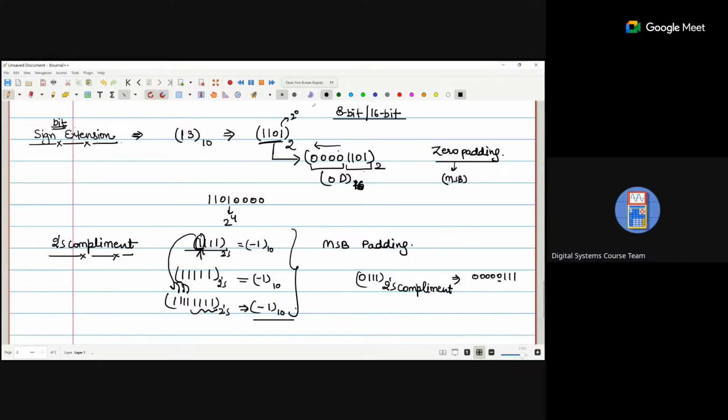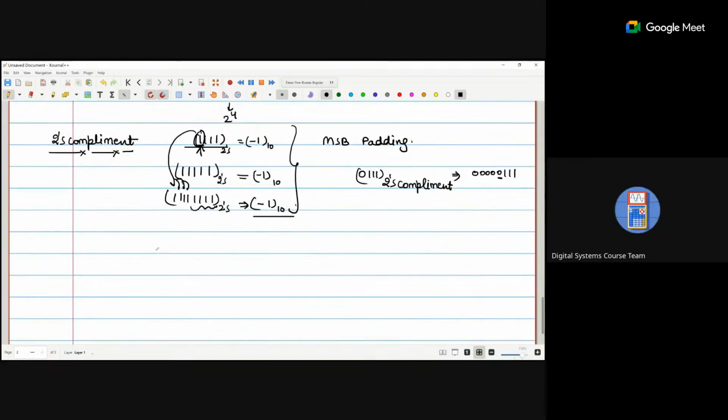So whichever bit is the MSB, we copy that MSB bit and paste it in as many places as we require. That's why we call it MSB padding. We are not saying 1 padding or 0 padding, because for positive it will be 0 and for negative it will be 1. So that's why we call it MSB padding. Understood? Yes, sir.